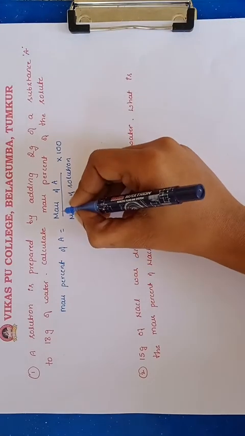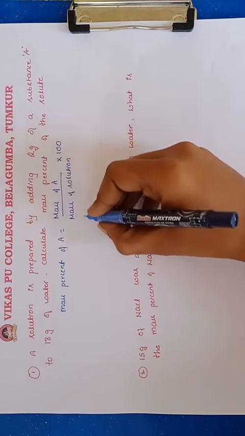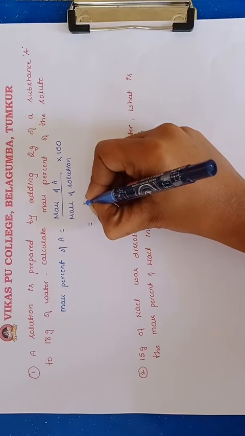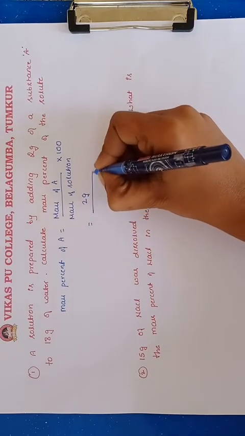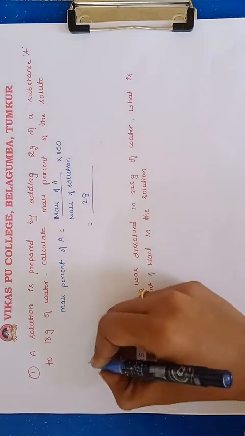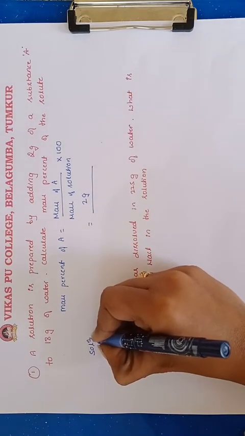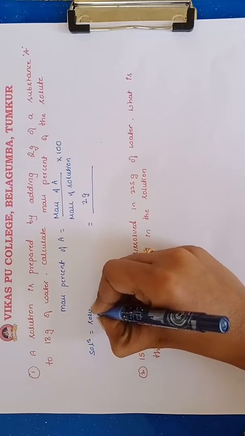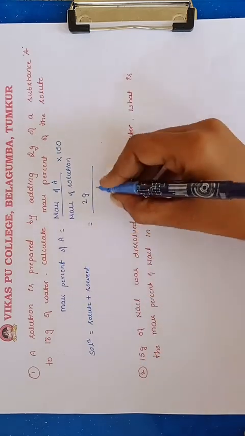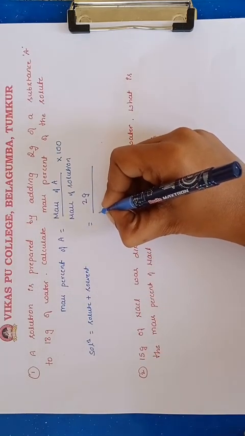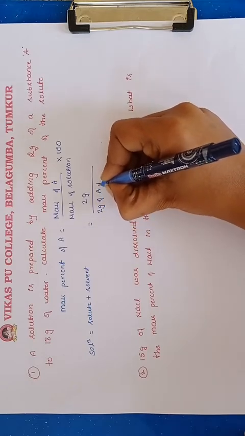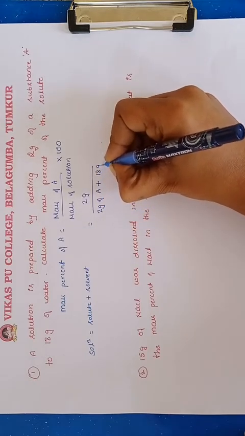This is the formula we use to find the mass percent of A. Here the mass of A is given as 2 gram. Then the mass of solution: the solution is nothing but solute plus solvent. So the mass of solute A is 2 gram plus 18 gram of water.